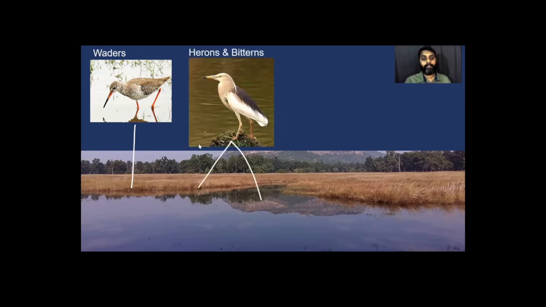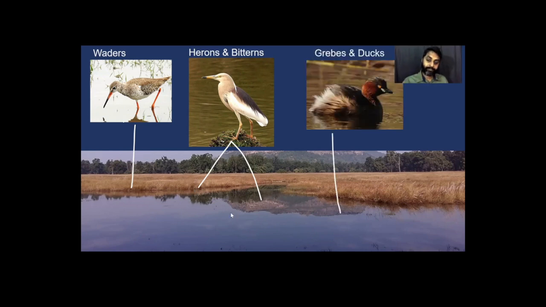Herons and bitterns would like to be at the shore again because they hide in the grass or the reeds and catch fish, or they can also be found on the islands, whereas grebes and ducks would prefer to be in the middle of the water or in deeper water because they swim, and some ducks and grebes dive inside the water to feed on aquatic plants or insects.